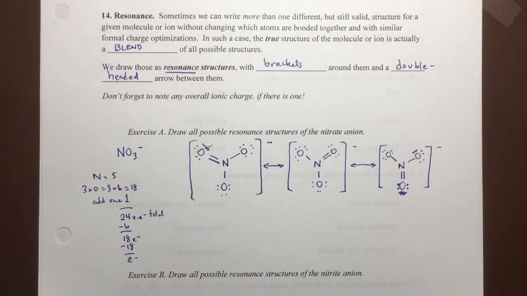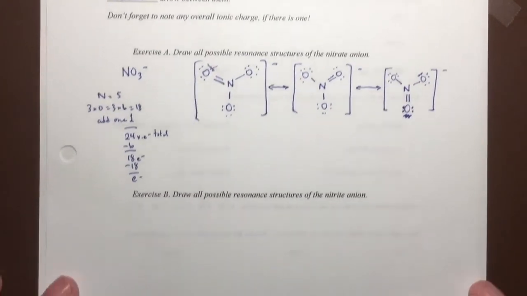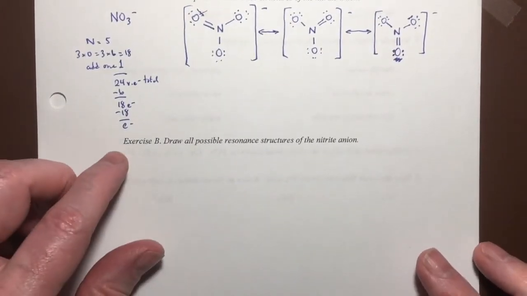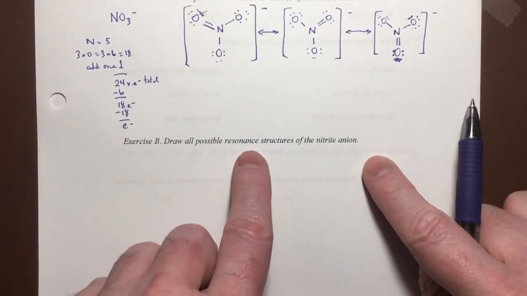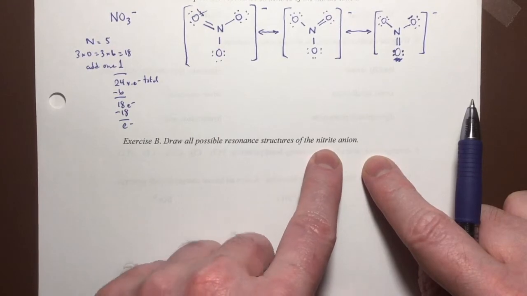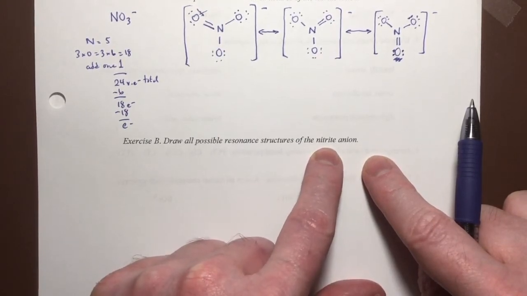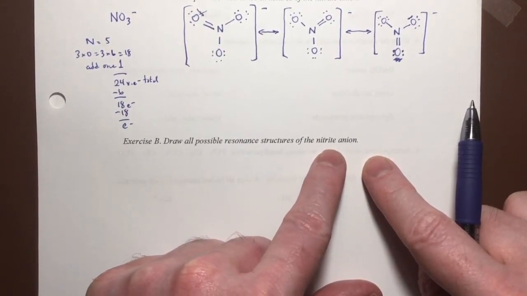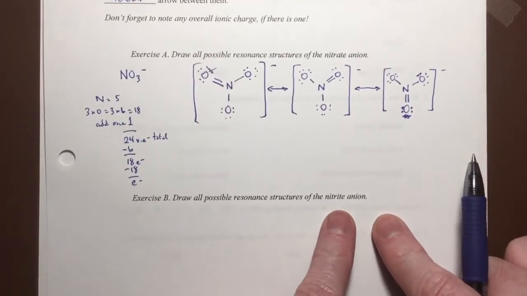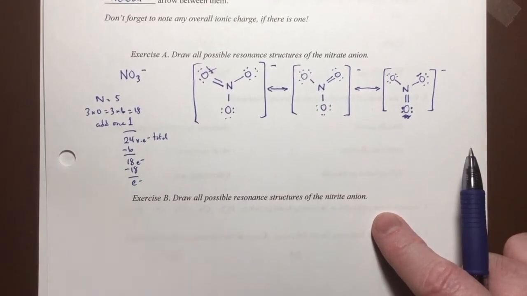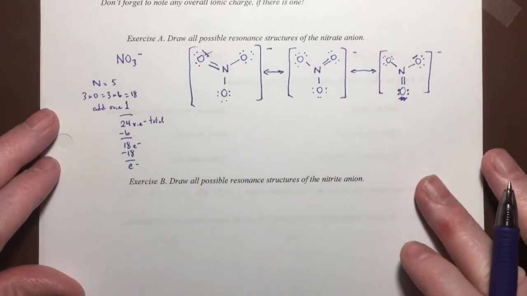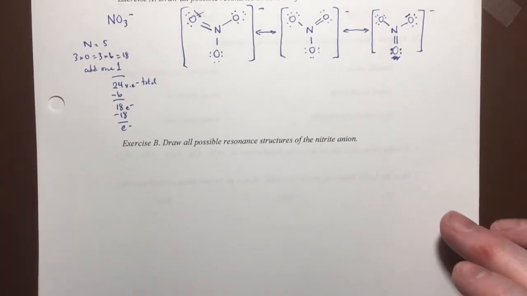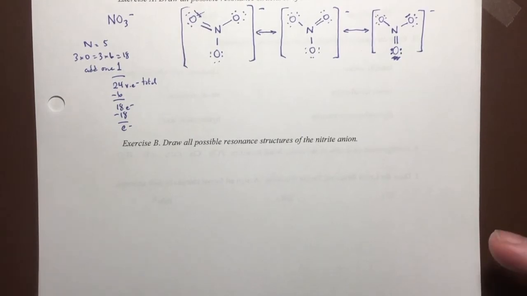All right. With that in mind, we have another exercise. So I'd like for you to do this exercise, pause the video, draw all the possible resonance structures of the nitrite anion. So this will give us an opportunity to practice our nitrate, nitrite nomenclature pattern for the nitrite anion. So go ahead and pause the video, and when you're done, restart the video, and I'll work through this with you.